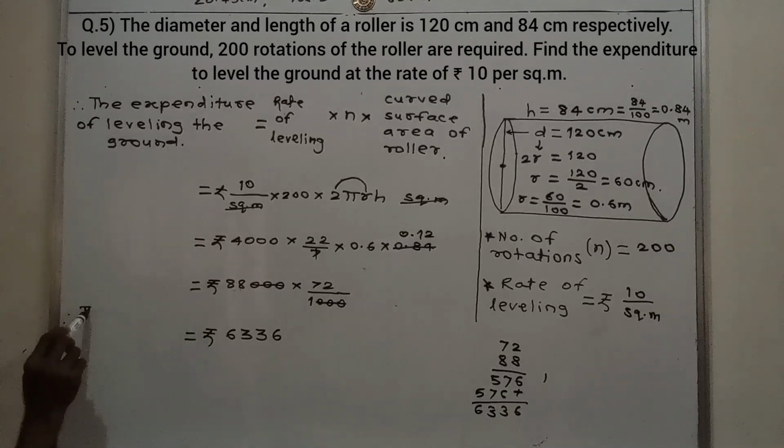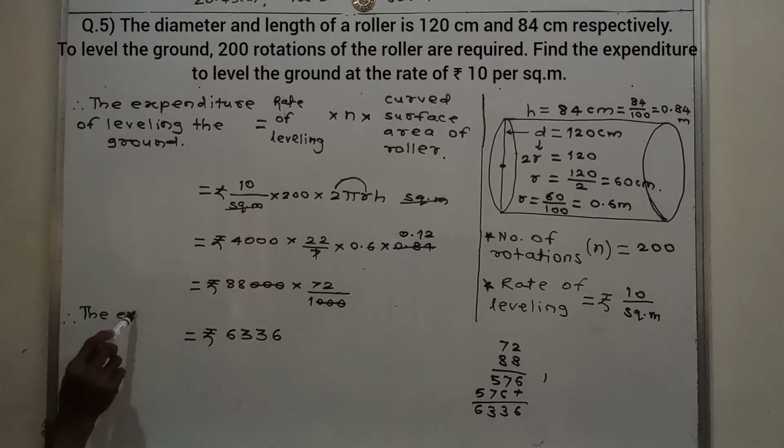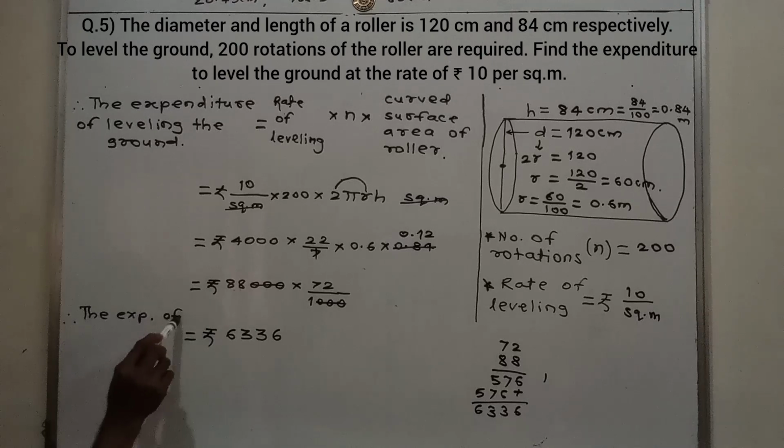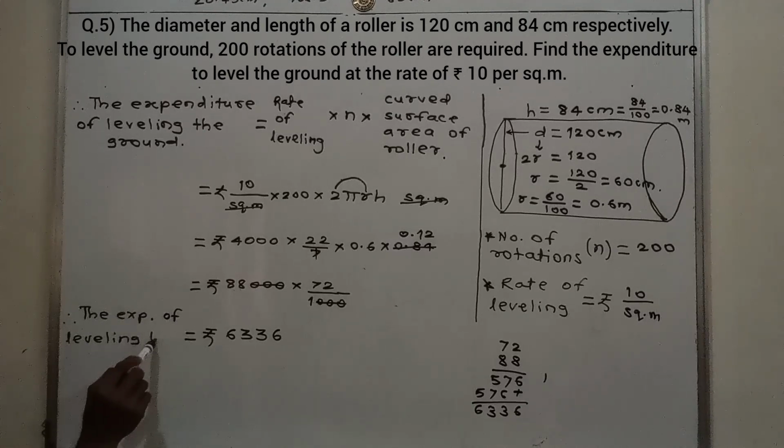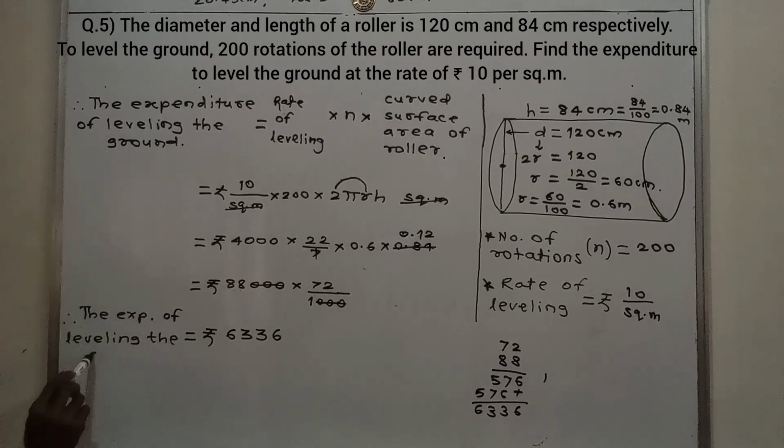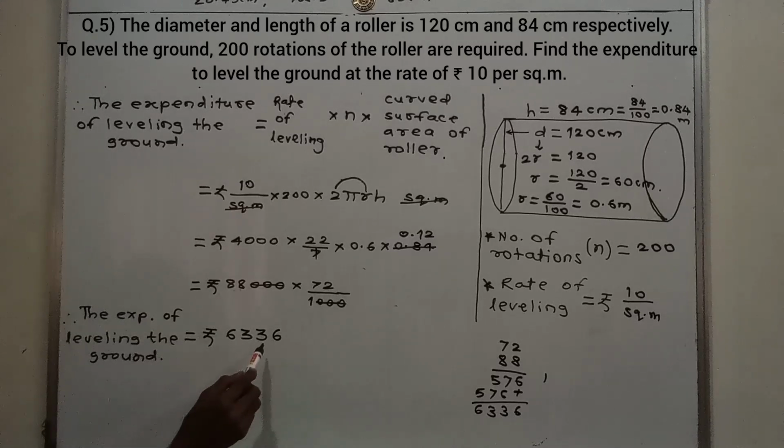Therefore, the expenditure of leveling the ground is equal to rupees 6,336.